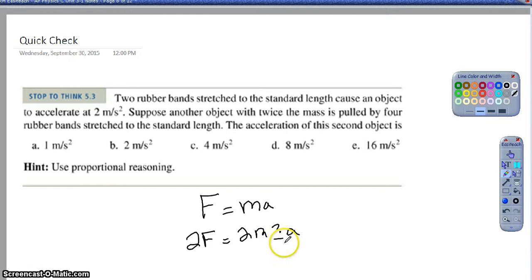Well, the answer on this one is nothing, because I've already doubled the force and doubled the mass, so I've already balanced out this equation. My acceleration is going to remain the same as it originally was. So the acceleration on that second object is 2 meters per second squared because it remains constant with what that original object was as well.